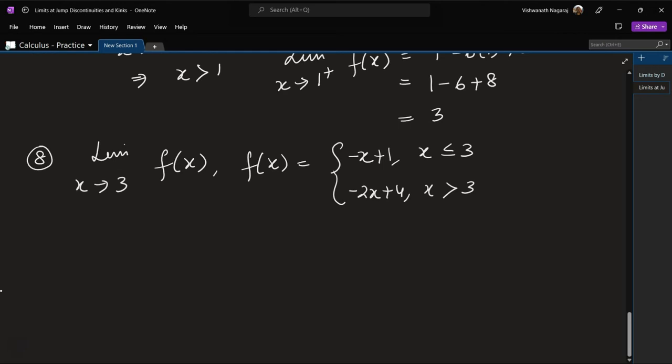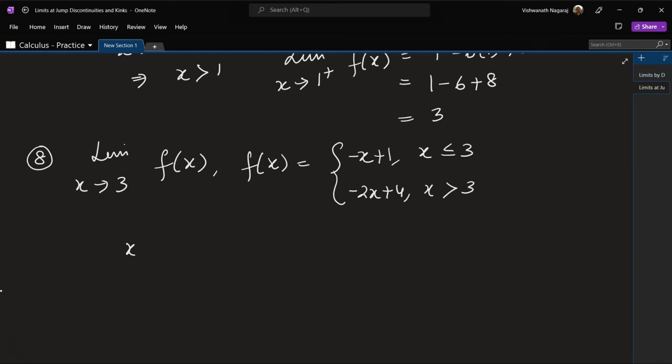Now, the difference between this problem and all the previous problems is that here there is no direction given, whether x is approaching 3 from the left or right hand. So that means since direction is not specified, we have to give the limit from both the sides.